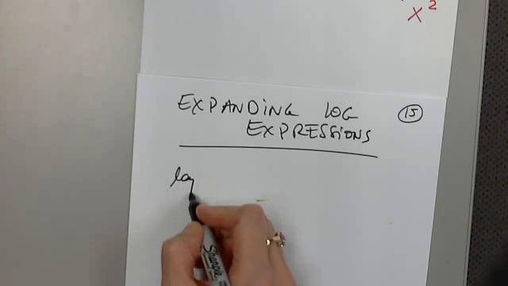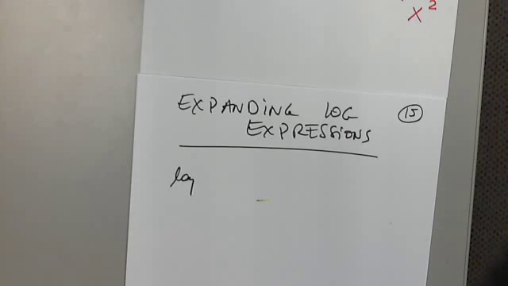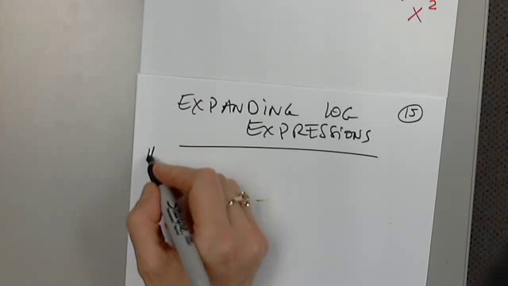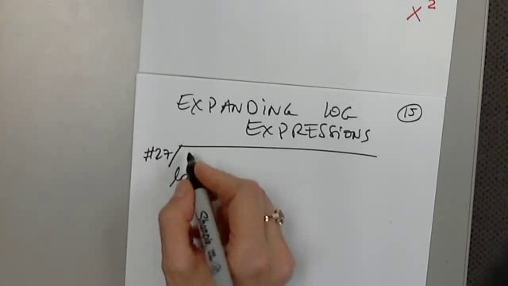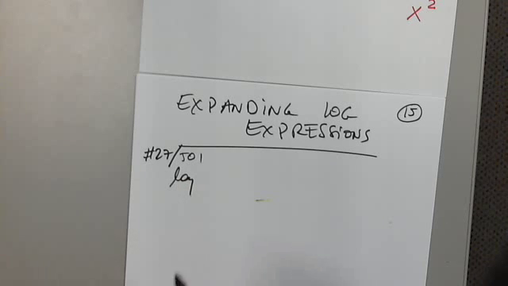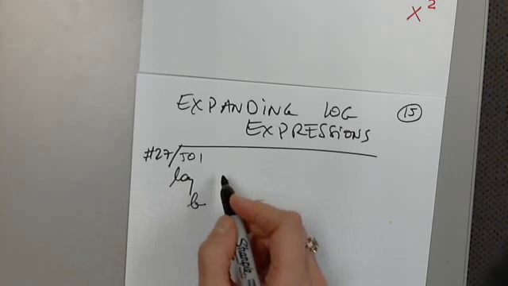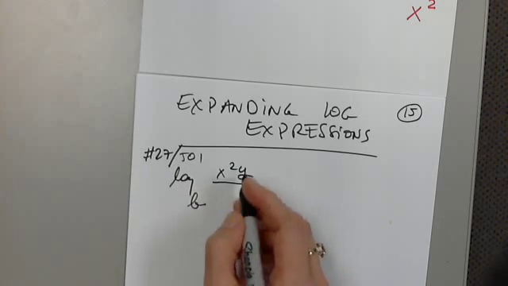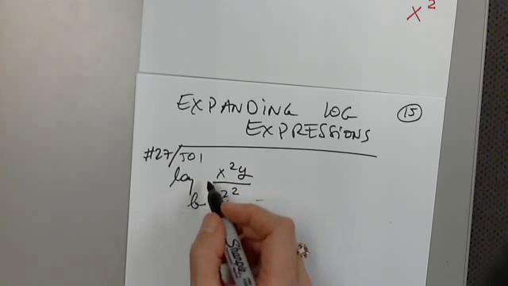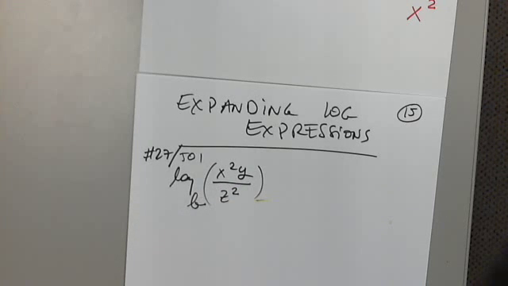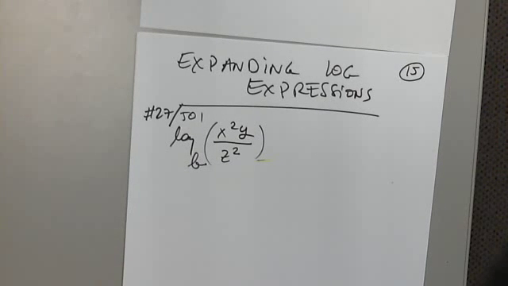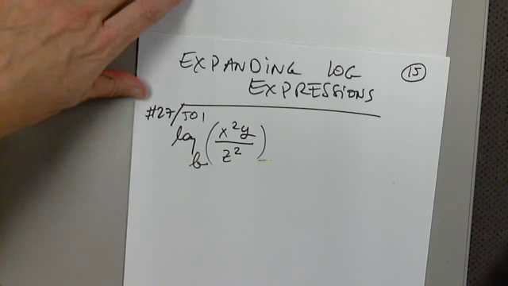This is problem 27 on page 501. Log base b of x squared y over z squared, with parentheses or without parentheses. They're asking us to expand this into simple logs, applying all 3 properties if we need to.